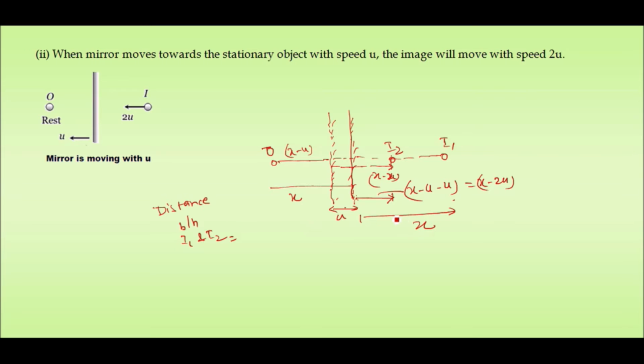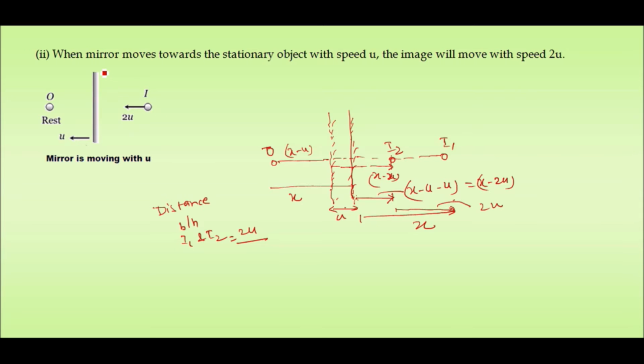So the distance between these two is equal to 2u. So the distance between I1 and I2 is equal to 2u. So if the mirror is moving with speed u, then the image will move with speed equal to 2u.